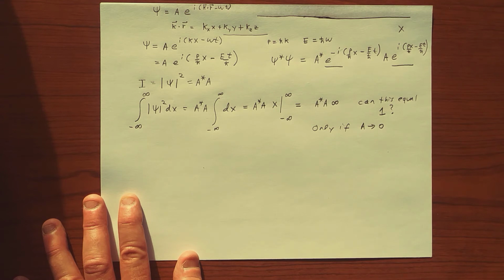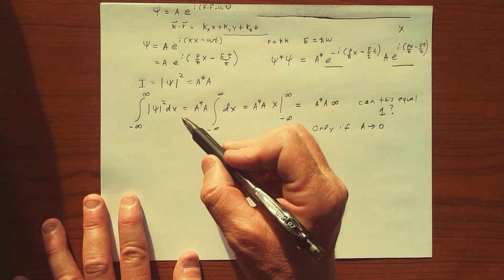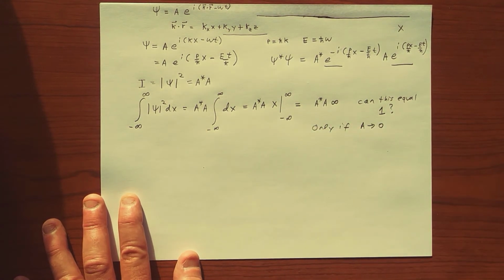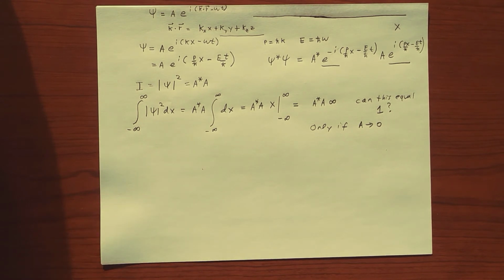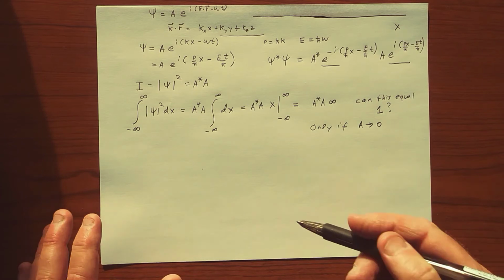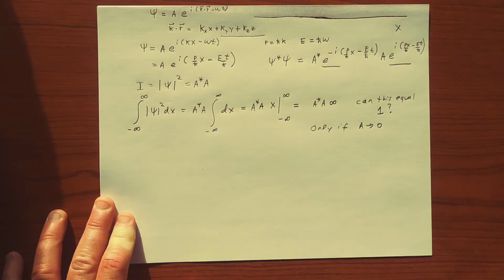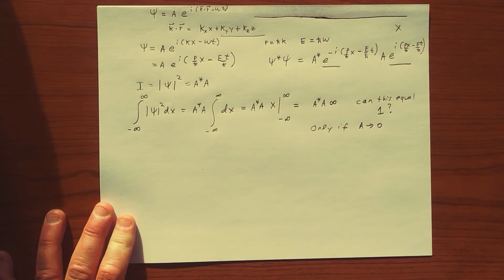So notice, by the way, that the probability density is a constant. Everywhere it's the same. And so is it possible to describe a physical particle that is as likely to be at minus infinity as it is at positive infinity? And so the answer is no. Basically, we can't do this because it says that the particle has 0 wave function. It basically doesn't exist. And the reason for this is that it cannot be localized.